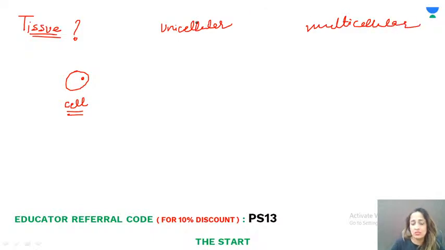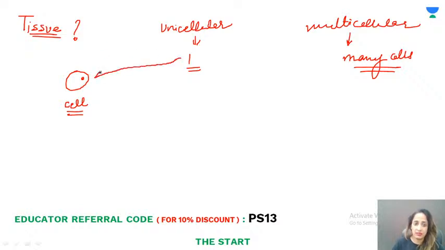Unicellular organisms are made up of only one cell. Multicellular are made up of many cells. Now here is the point that I want to discuss with you. In unicellular organisms, all the functions are carried out by one cell only.